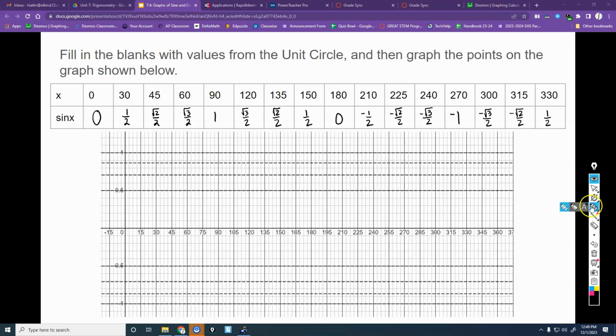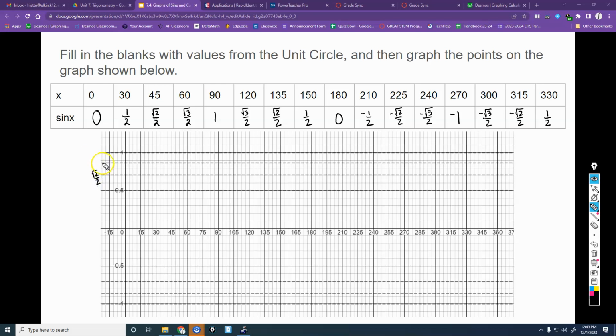Okay? So let's label a couple things here. I have put in some dotted lines right here. This dotted line you can see pretty clearly is at 0.5. So that is your 1/2 line. Then the next one up is at square root of 2 over 2.